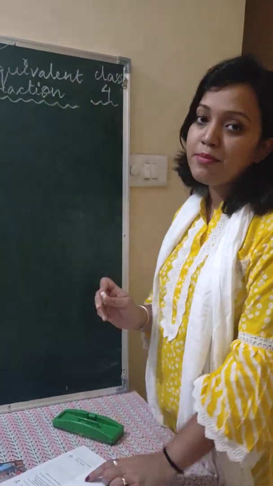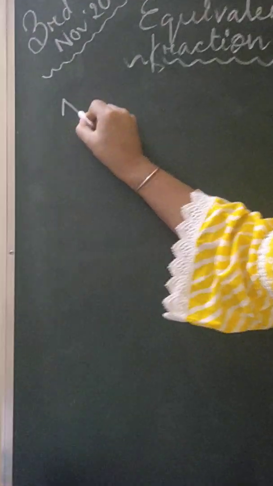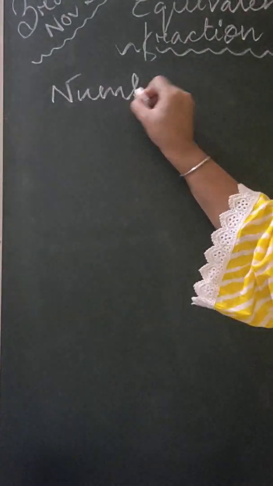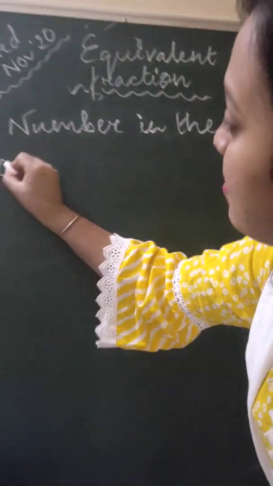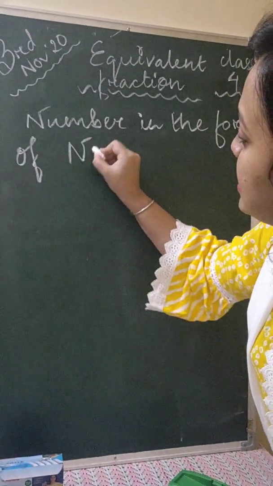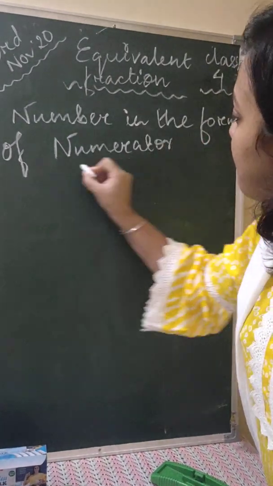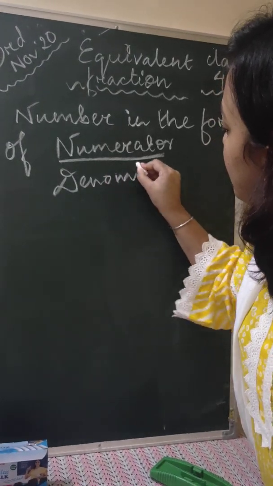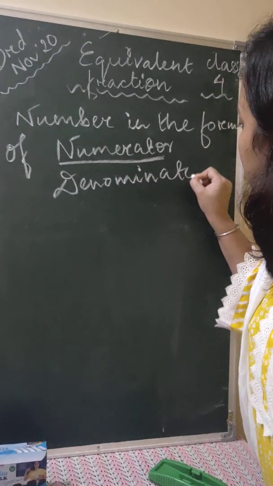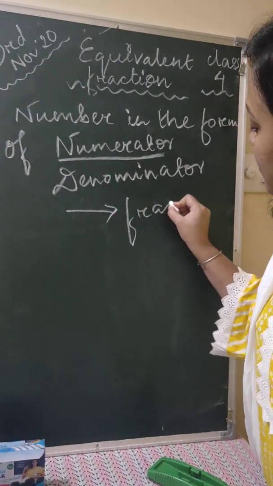Any number in the form of numerator by denominator is called a fraction.